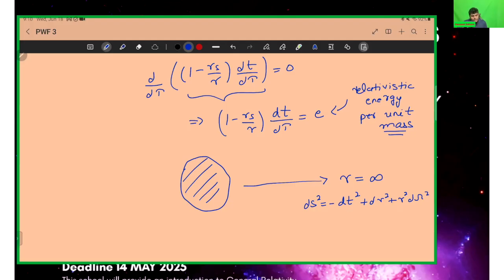You can see that t is just the coordinate time that any observer will measure at very, very large distances. So t is the time that an observer at infinity records. This interpretation is important.